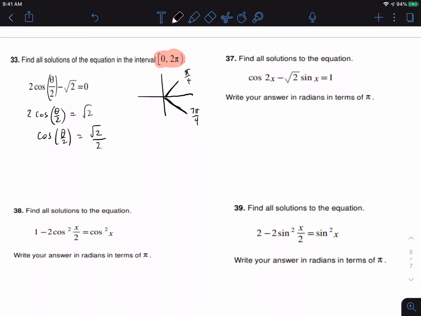Now, something interesting that we need to look at, though. The angle that we have here when we're doing this, isn't it theta is from 0 to 2 pi, right? That's the period for cosine, correct?